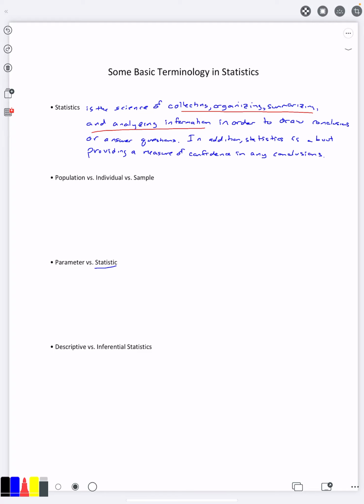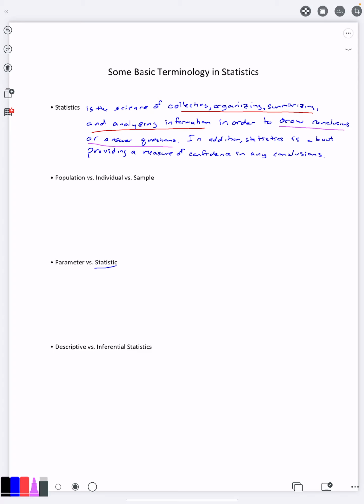And then when we get to the last part of the class, that's where we're going to take all the stuff we've done already and use that data to draw conclusions or answer questions. This is the part where we go further, where we are no longer as confident because, before, we took data, we have actual data. We're fairly confident that data is actually gathered well.